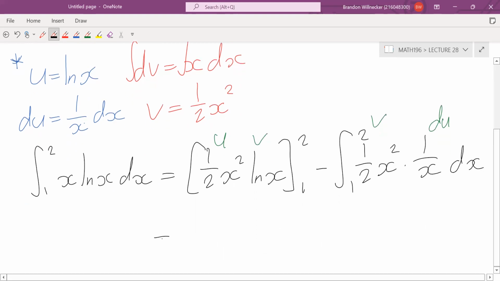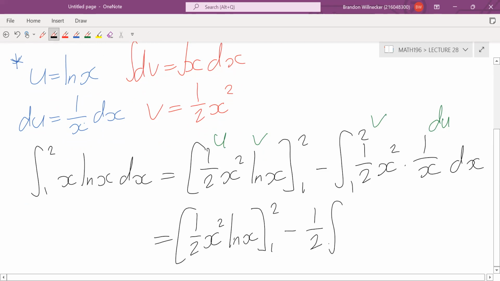So what do we get now? We're going to have 1/2 x squared natural log of x going from 1 to 2, minus 1/2 the integral of x squared over x. That's just going to be x from 1 to 2.